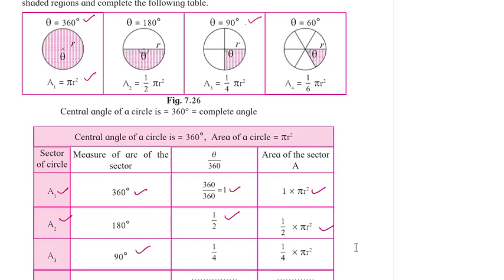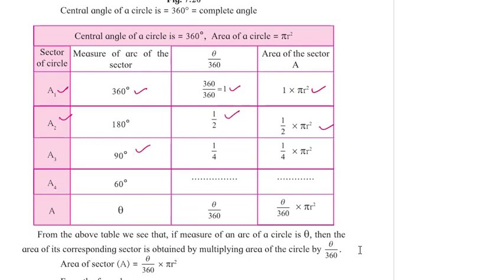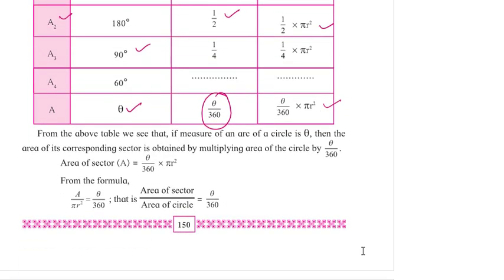If I continue this process, I will conclude that when the ratio is theta upon 360, that is, when the angle is some unknown angle theta, then the area of the sector will be theta upon 360 into pi r square. This is how we can find the area of a sector when we know the central angle.